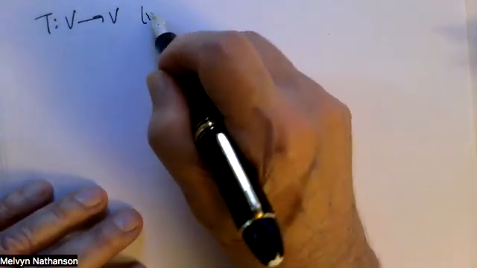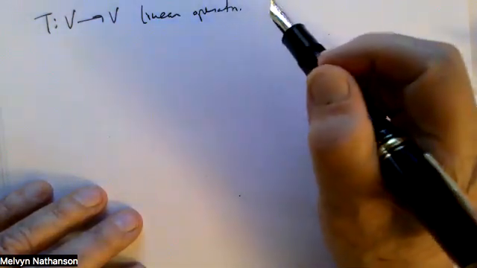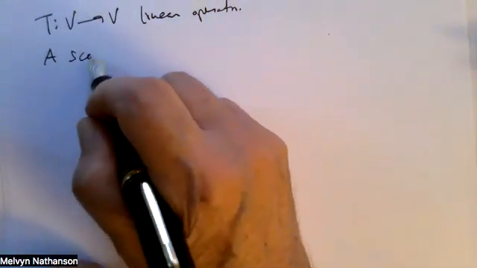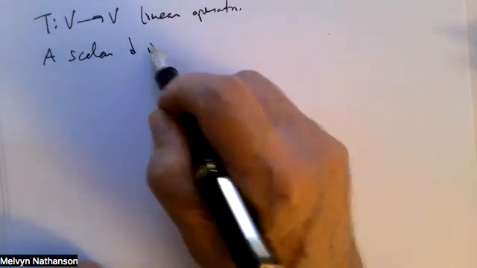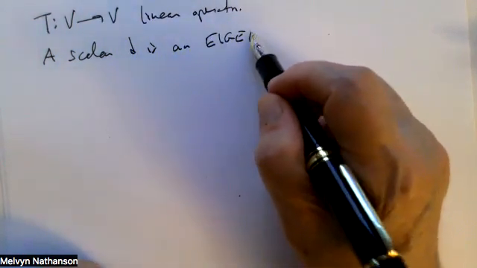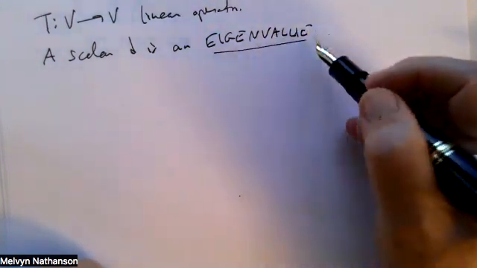So suppose we have T from V to V, a linear operator. So let's say over the reals or the complexes, a scalar lambda is an eigenvalue. It's a German word, but semi-German.